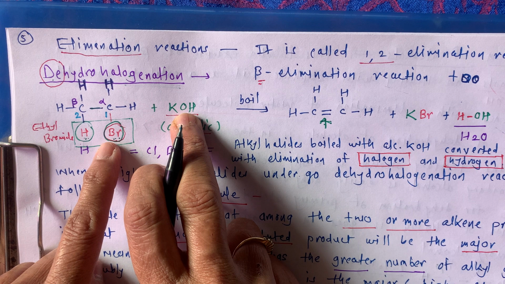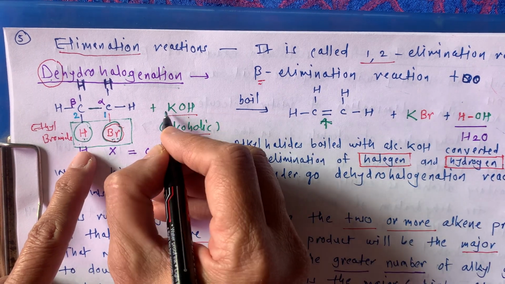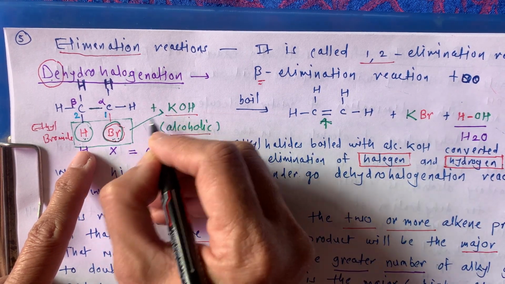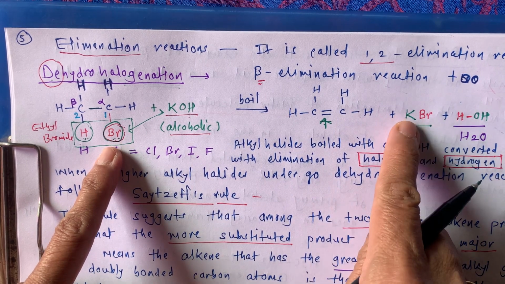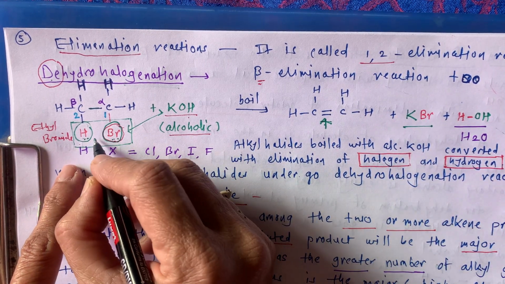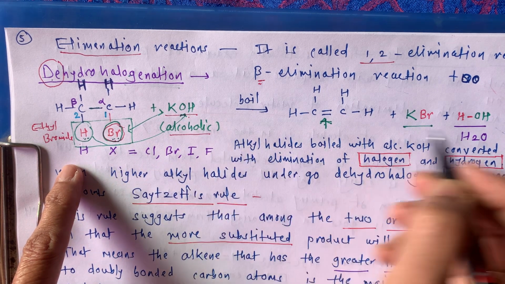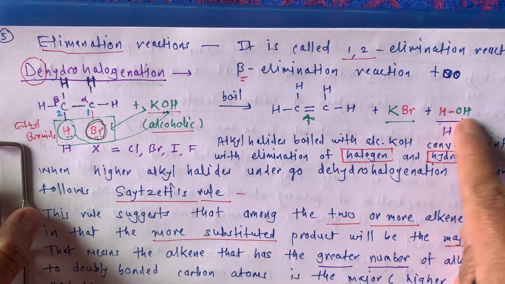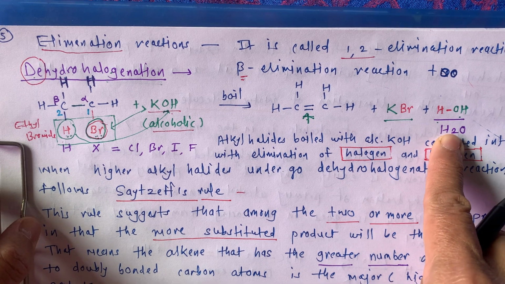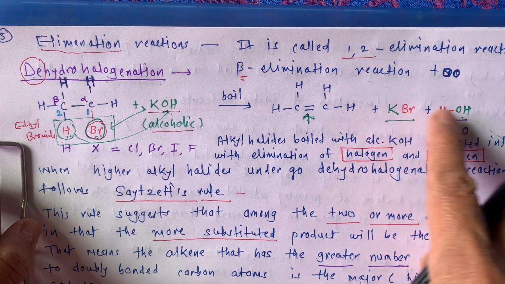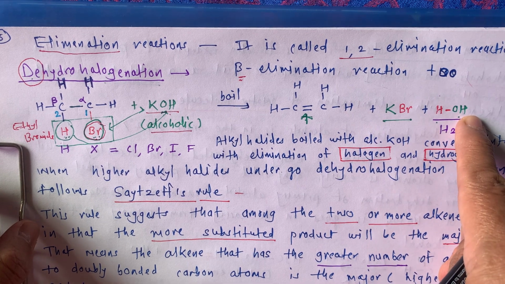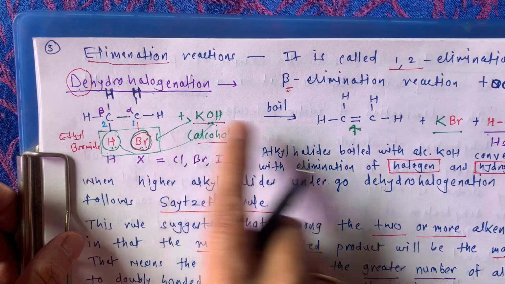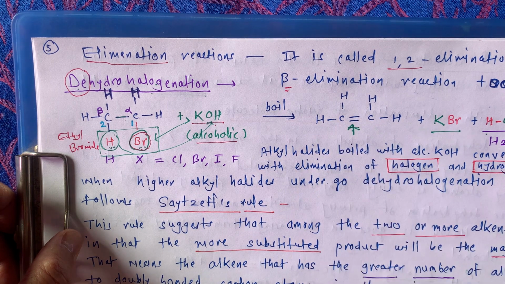It's reacting with KOH. So what is going to happen? This K is going to bind with this bromine, and so there is formation of KBr, and this H is going to attach to this OH, and there is formation of HOH, which is nothing but our water molecule. So these are the two byproducts, potassium bromide and water, and the single bond is converted into a double bond.